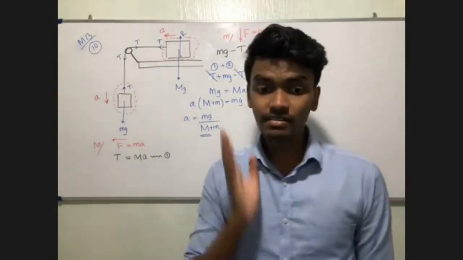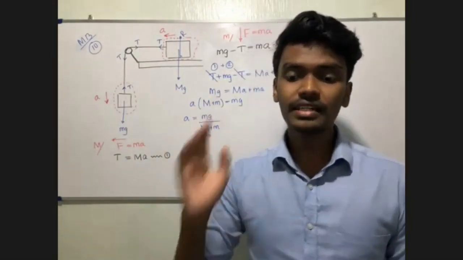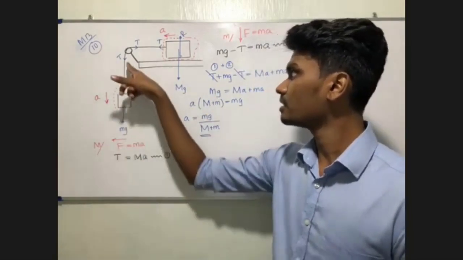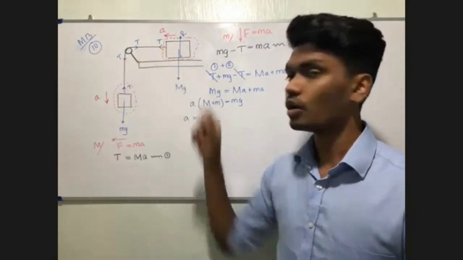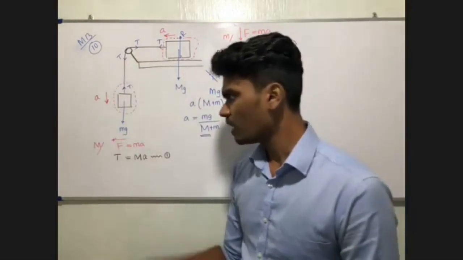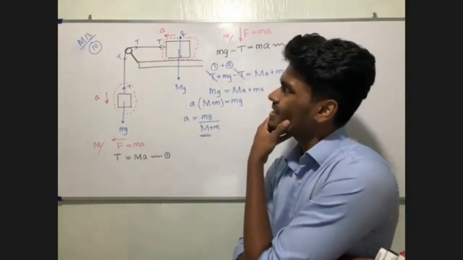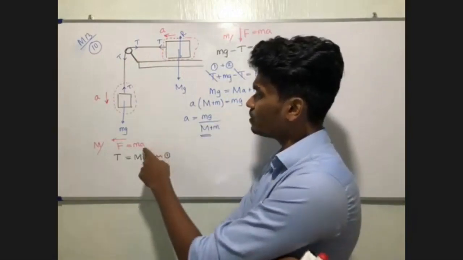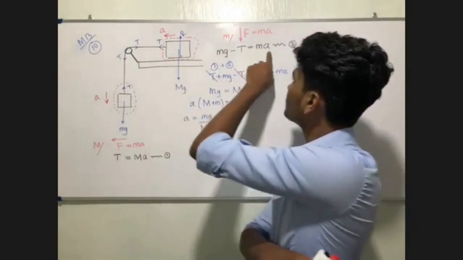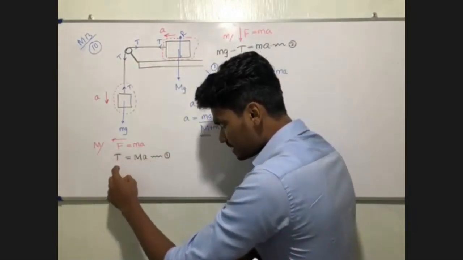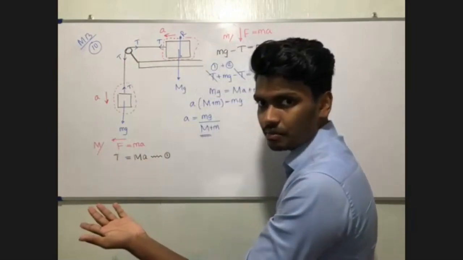And they have also asked us to find the tension of the system. So how do we find the tension now? Actually, we have found the acceleration. If we apply the acceleration here, can't we find the tension? Pretty simple, right?